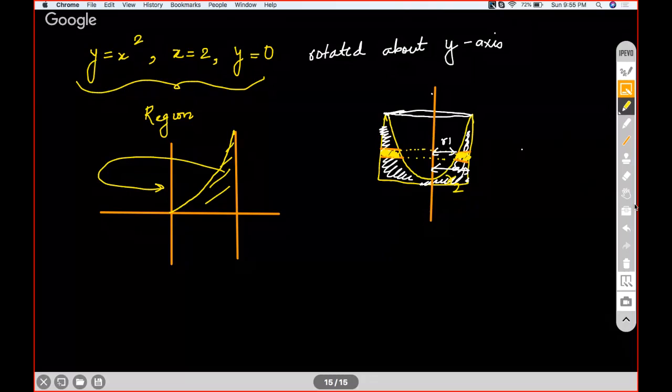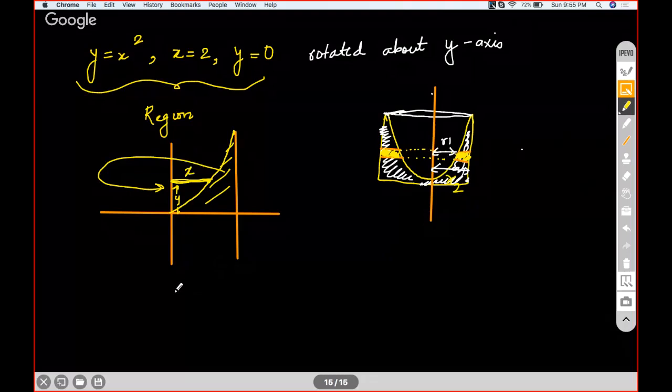R1 is root y, right? R1 will be the x distance, right? Let's say the distance y. It'll just be x. It'll just be y, not root. This length will be R1. So the x coordinate there. So that will just be x.